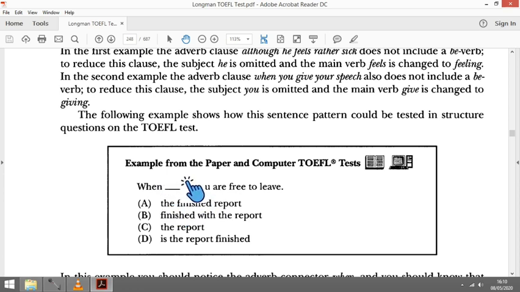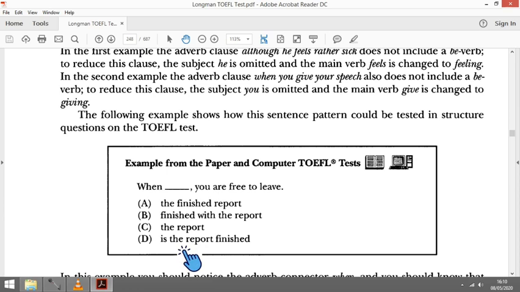Actually it's subject and verb, but we erase the subject and the be verb, or we erase the subject and change the verb to -ing. Number 1 is only a subject. Number C is subject, verb, and subject.